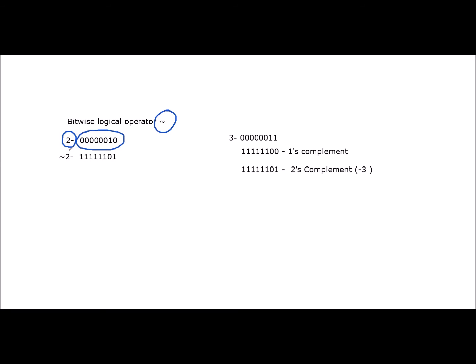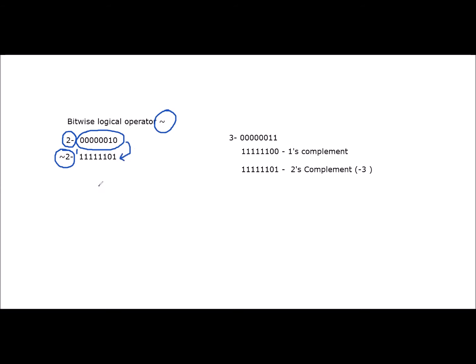Now when I complement this 2, what does it mean? We are making ones in the place of zeros, and we are converting ones to zeros. So we are converting zeros to ones, and ones to zeros. That's simply a complement.